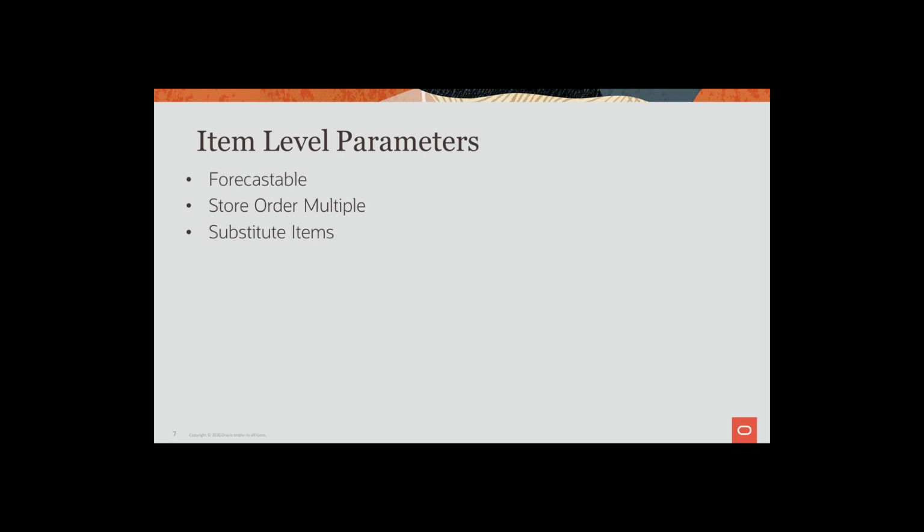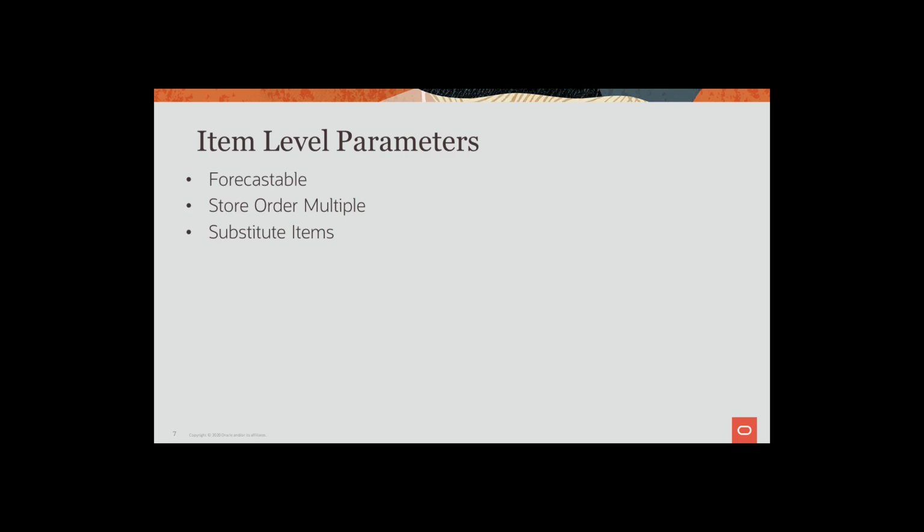Merchandising allows replenishment parameters to be set at a few different levels. We've already covered those set up at supplier level. The next level we'll talk about is item level. At this level, there are just a couple of attributes that are important to replenishment. Those are forecastable, which indicates whether the item will be sent to RDF for forecasting.